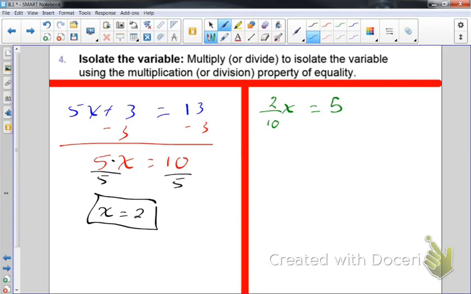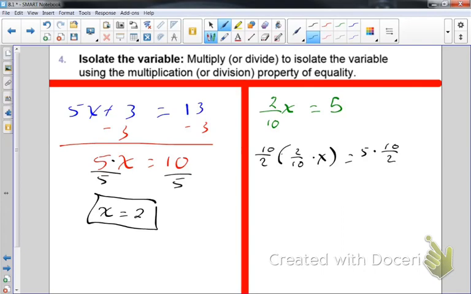And if I see multiplication of, let's say for example, 2 over 10 times x, we could do the reciprocal just like I told you before, which will be 10 over 2 times 2 over 10 times x. And then whatever you do to one side, you do to the other side, which will be times 10 over 2.